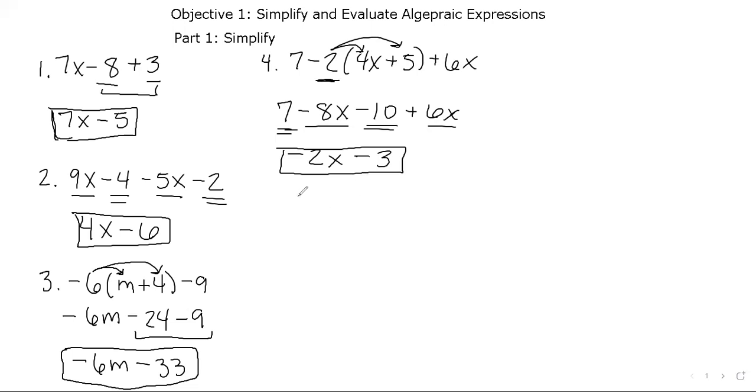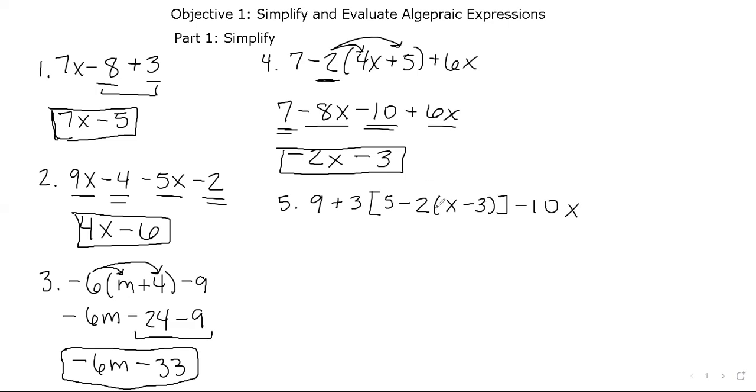Now let's look at one that has a little bit more going on with it. For number 5, we got 9 plus 3 times, this time we got some brackets. We got 5 minus 2 times x minus 3, close the bracket, minus 10x. So if you took me for Math 130, you know that typically when we have brackets, we're going to have parentheses inside, and we like to work from the inside out.